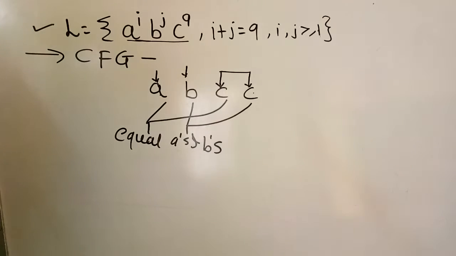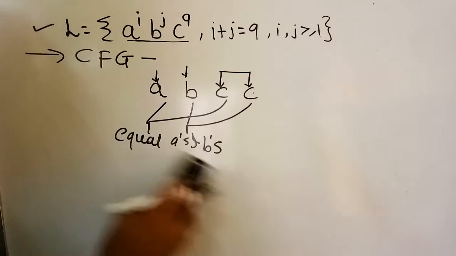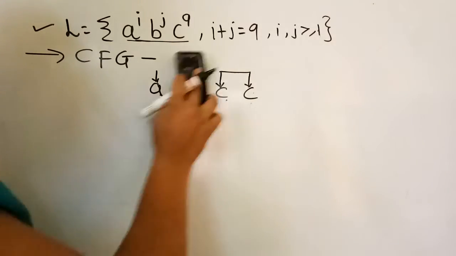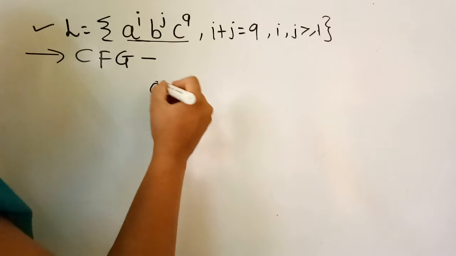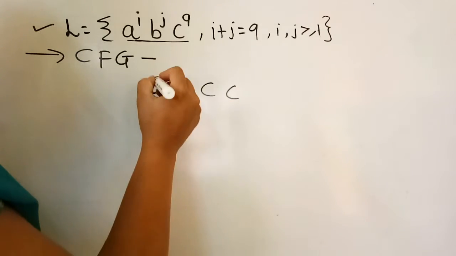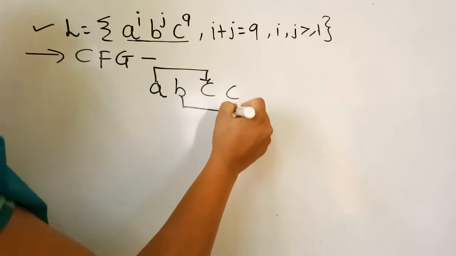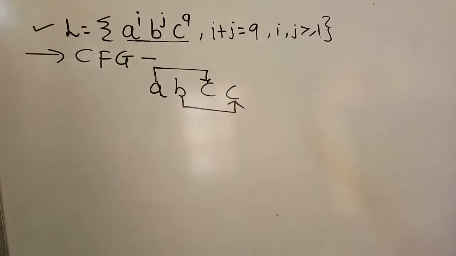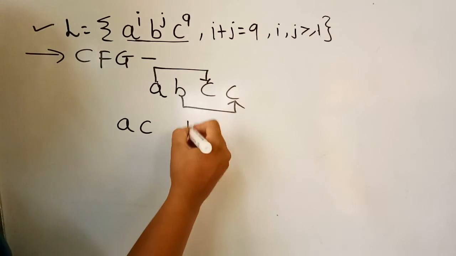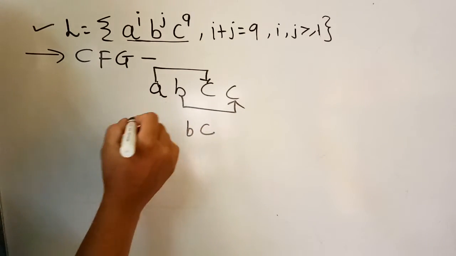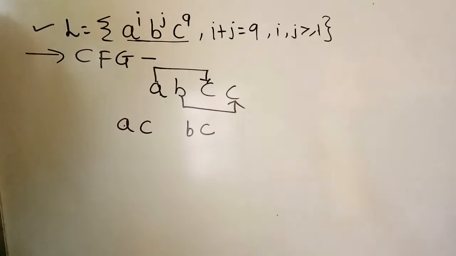For such a language, we can generate a context-free grammar. Here we clearly see that it is a^i b^j c^q, meaning for one a there is one c and for one b there is one c. Now we can write it as a pair of AC and BC: equal number of a's and c's, and equal number of b's and c's.